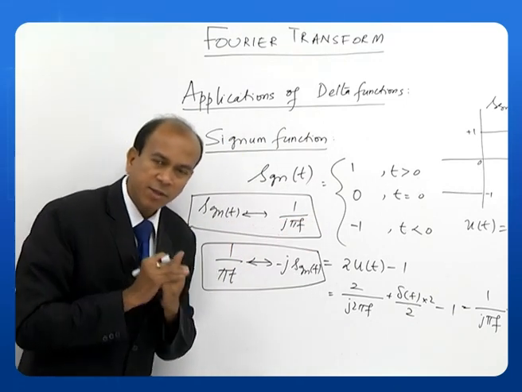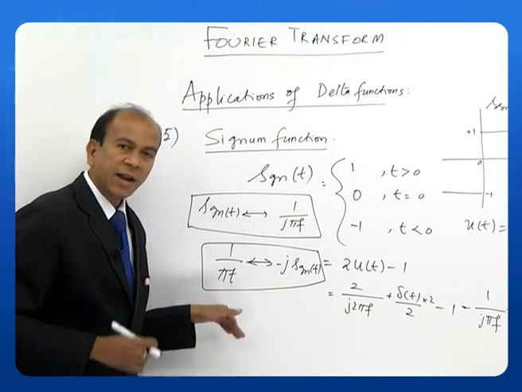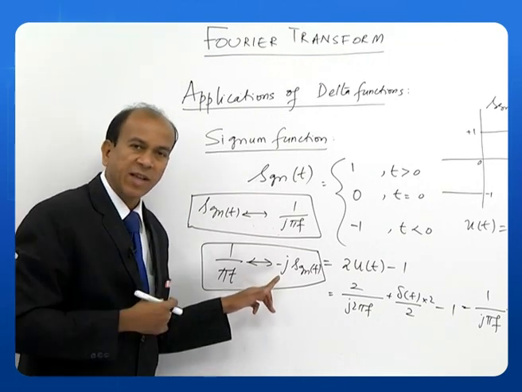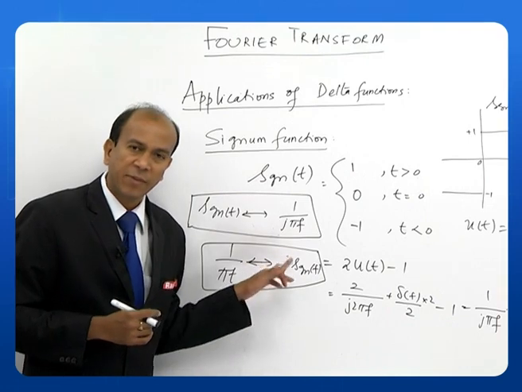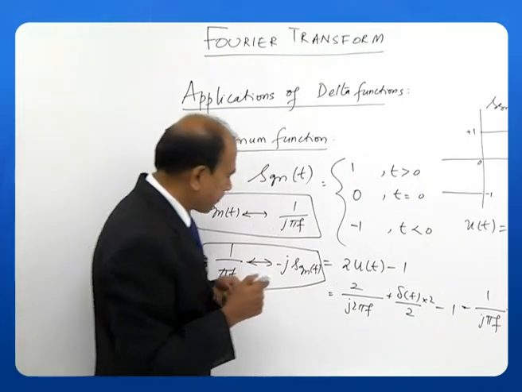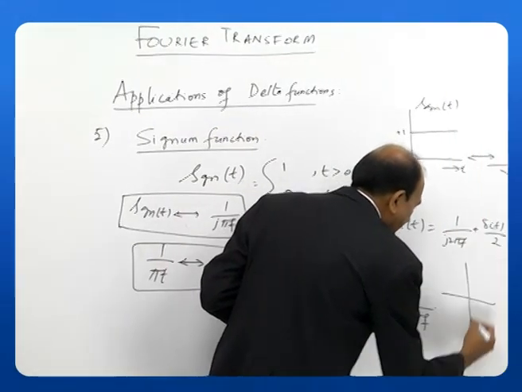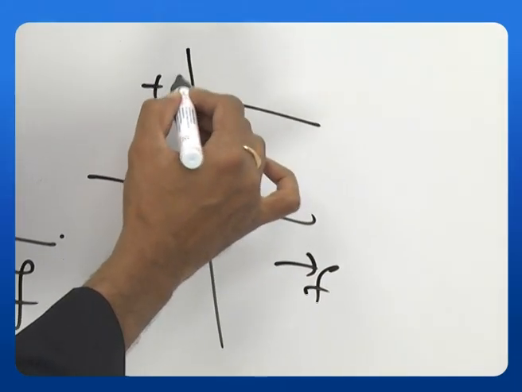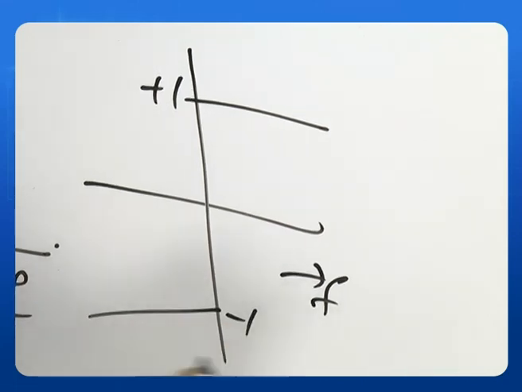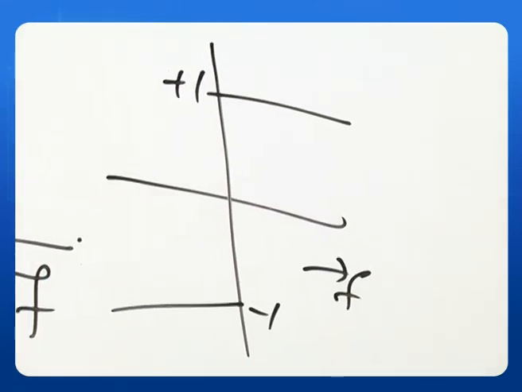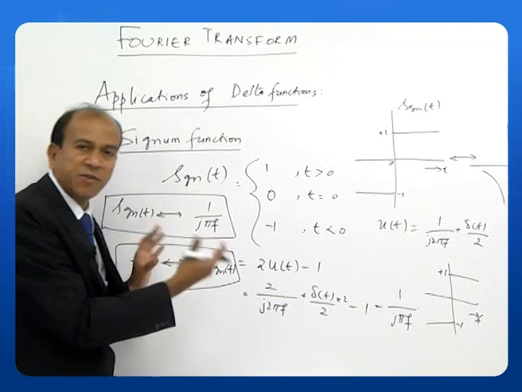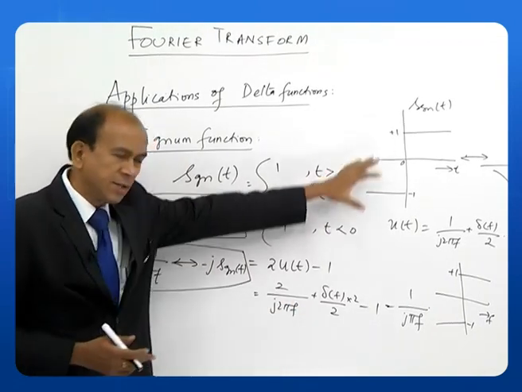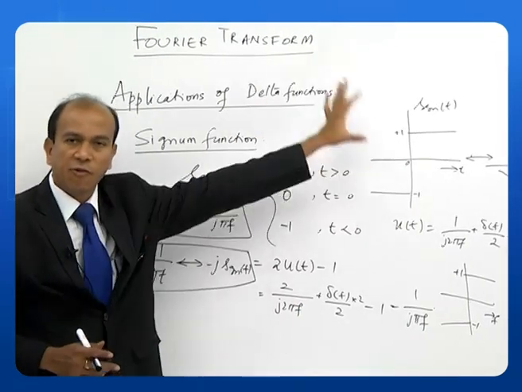Apply a duality property to this, then 1 by pi t will have a Fourier transform as minus j signum of f. That means, signum of f will be simple here. For f, now it is f here. So, it will be plus 1 for f greater than 0 and minus 1 for f less than 0, of course, with a multiplication factor of minus j. Okay. So, this is the signum function for us.